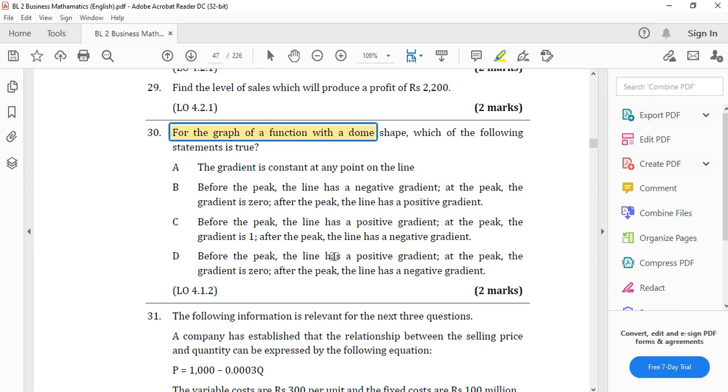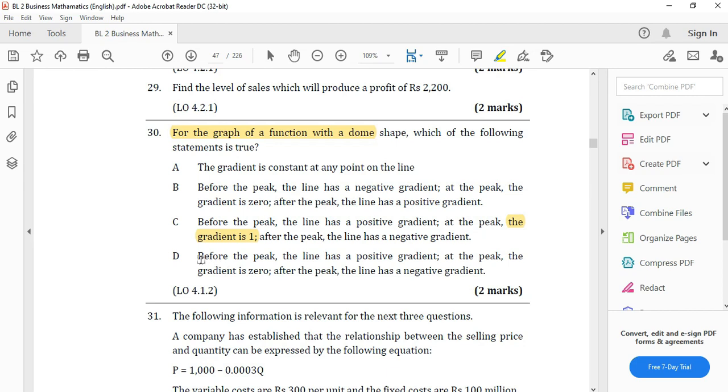You must have learnt maximum and minimum points in the curve. So the maximum point of the curve is the peak. So before the peak, the line has a positive gradient. That is true. And at the peak, the gradient is equal to 1? No. At the peak, the gradient is always equal to 0. But after the peak, that means after the maximum point, the line has a negative gradient. That is correct. So this option is wrong.